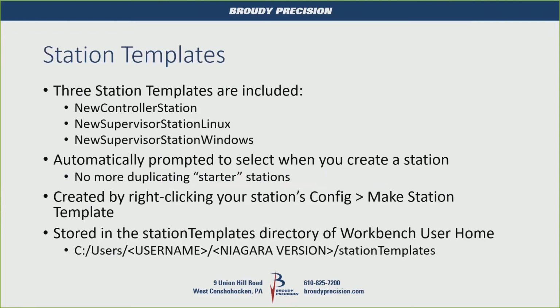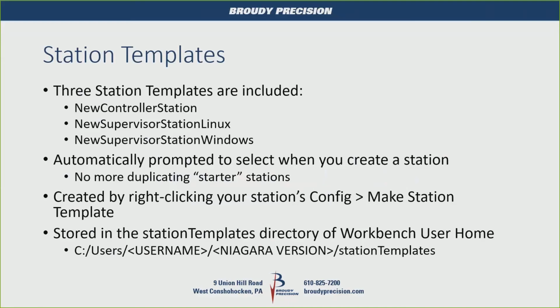All right, so your station templates, out of the box, there are 3 included ones, 1 for JACE, 2 for supervisors, Linux and Windows. You're automatically prompted to select a template when you create a new station. You've all run into that before. And if you make a template station out of something maybe you used before as a starter where you would duplicate it, you can just select it from that box instead of having to do the duplication process.